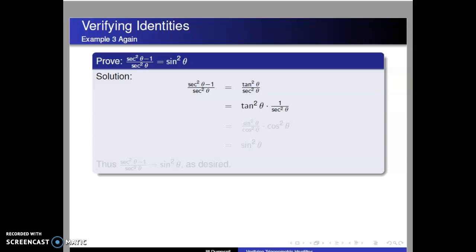Now we separate into a product of two fractions. Then replace tangent squared theta with sine squared theta over cosine squared theta and the reciprocal of secant squared with cosine squared theta. Cancel your cosine squared thetas and you get sine squared theta. So again, we have established our desired identity, but we've used slightly different steps.